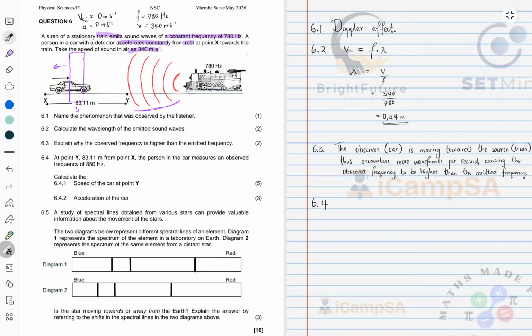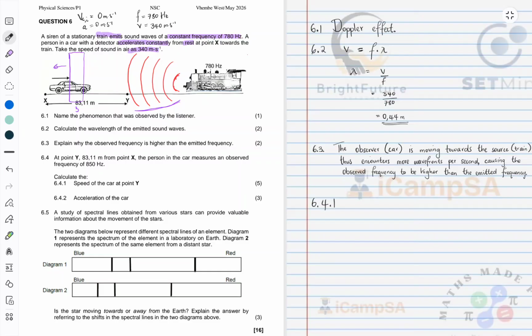Now 6.4. At point Y, which is 83.1 meters, 11 meters from point X, the person in the car measures an observed frequency of 850 hertz, right? So 6.4.1, that's where the question starts. That's where we're required to answer, actually.